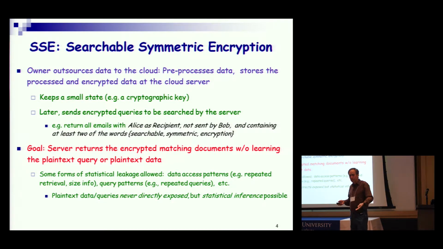It will not have the plaintext of the document, but it will be able to learn stuff from that. We also have that if a query repeats, then the server learns that the query repeats. So the plaintext data of queries is never exposed, but there is statistical inference from which you can learn information about the data.